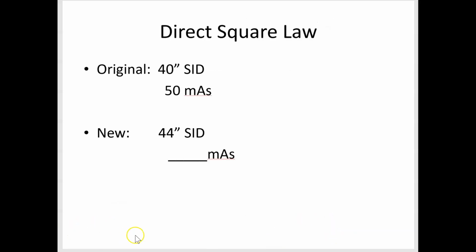All right, so let's take a look at a problem using the direct square law. Our original SID is 40 inches, and we're using 50 mAs for this problem. Our new SID is going to be 44, and they want to know what mAs do you use in order to compensate for the change in distance.